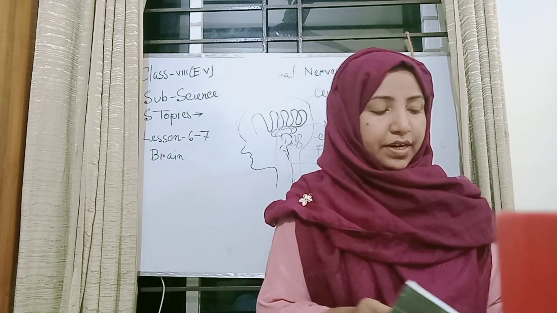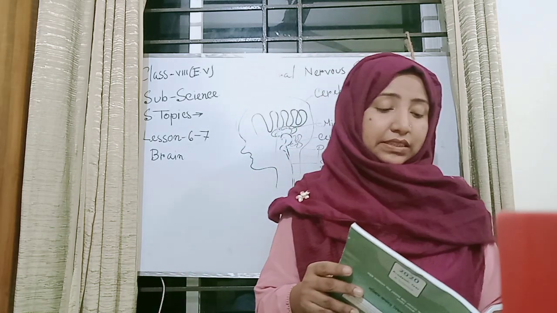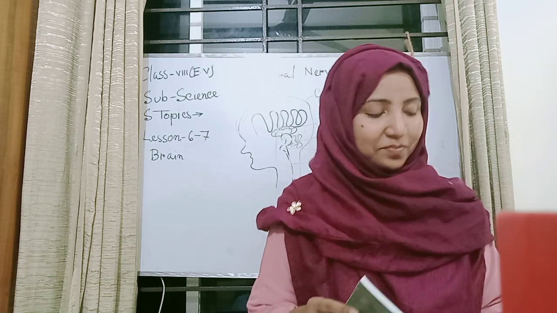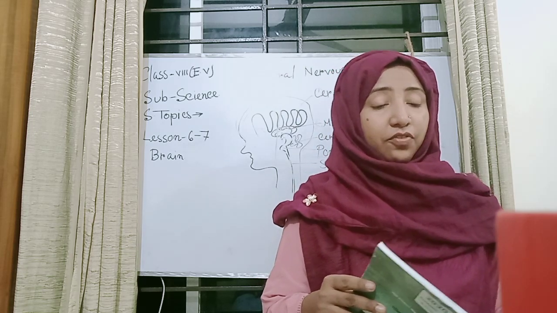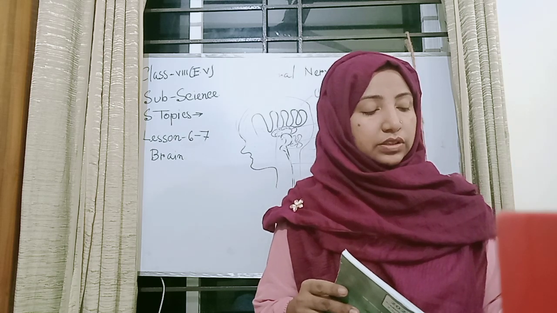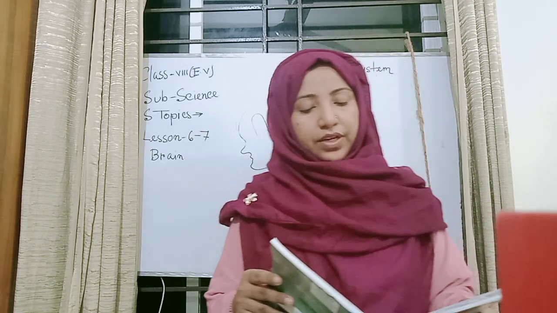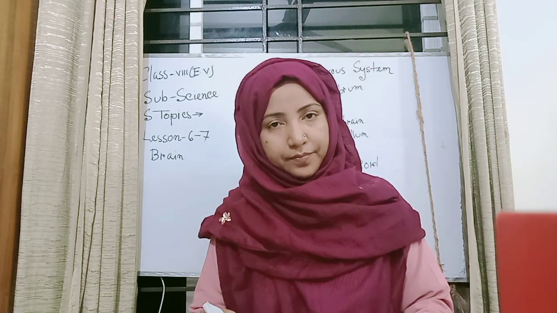Second is the midbrain. The lower part of the cerebrum constitutes the thalamus and hypothalamus. These are collections of gray matter. Anger, shame, hot, cold, sleep, temperature regulation and movement of the body are controlled by this region.